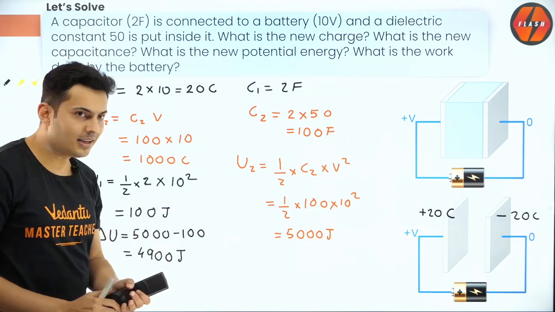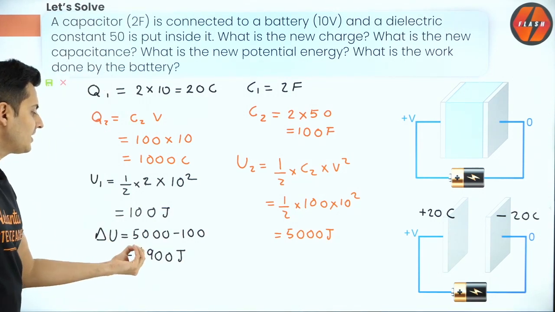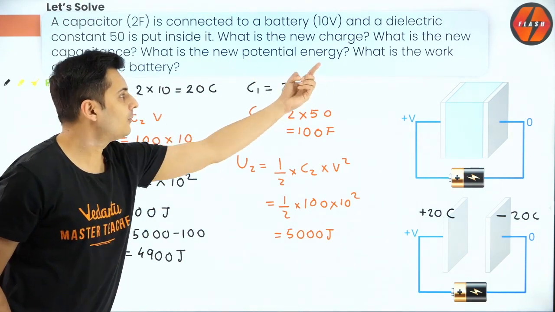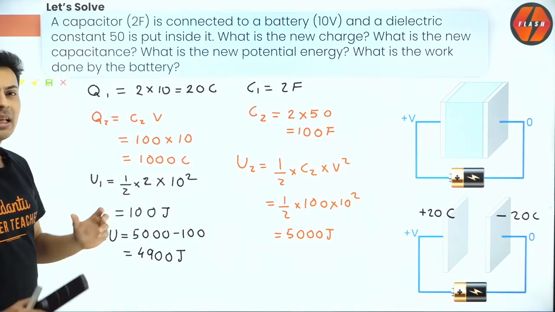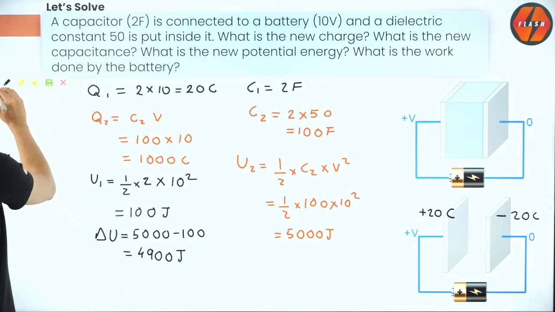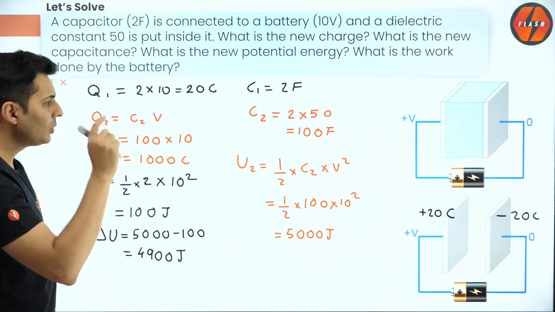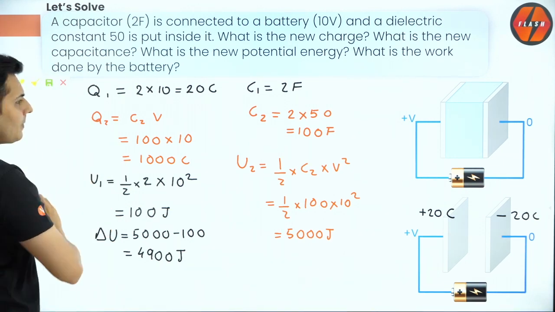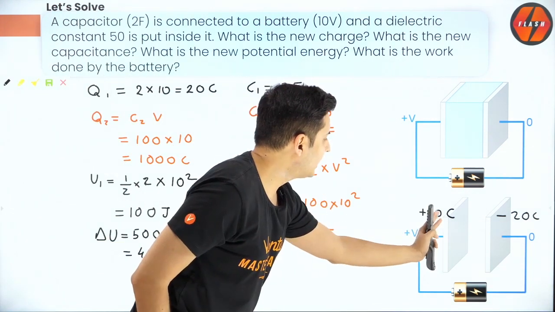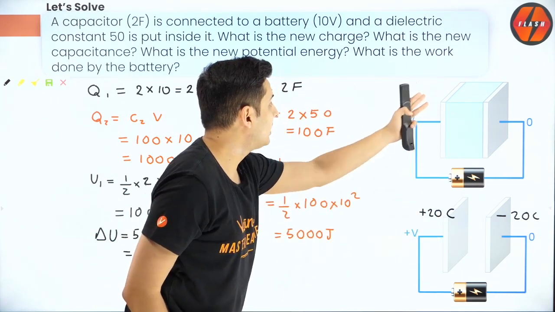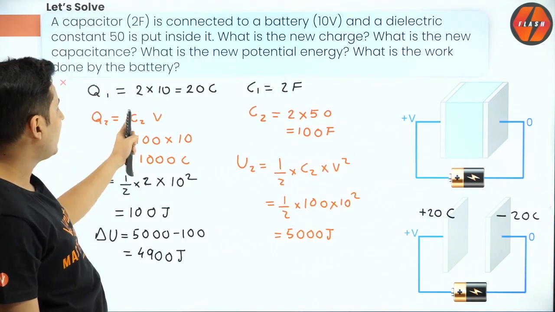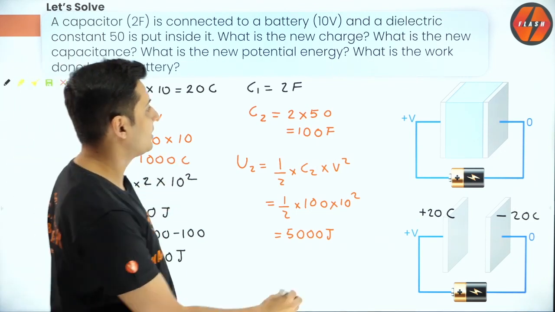Now you might think that this change in the potential energy would have come because of the work done by the battery. Let's try to calculate that. Remember, on this plate earlier there was 20 coulombs of charge. Now the new charge, which I have just calculated, is 1000 coulombs.